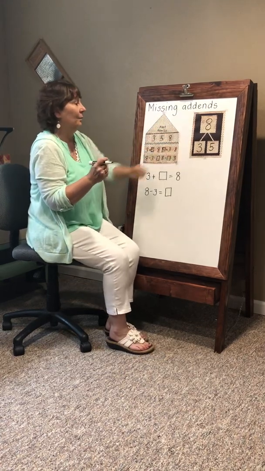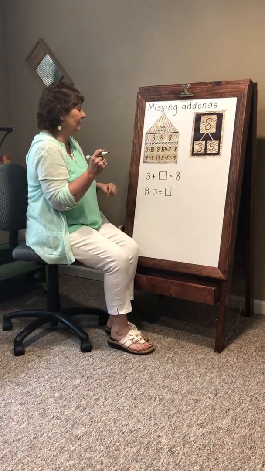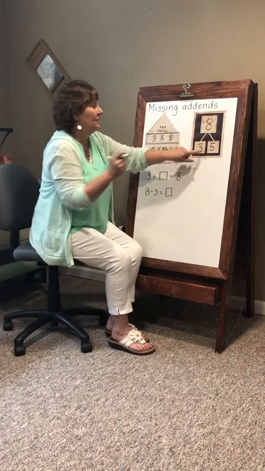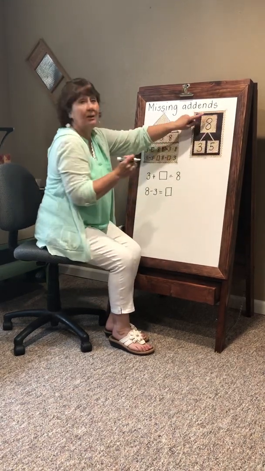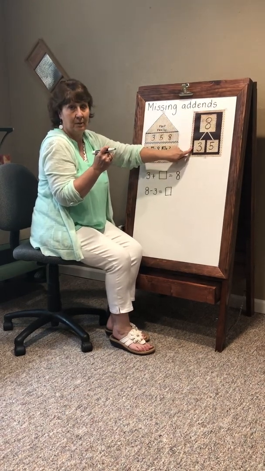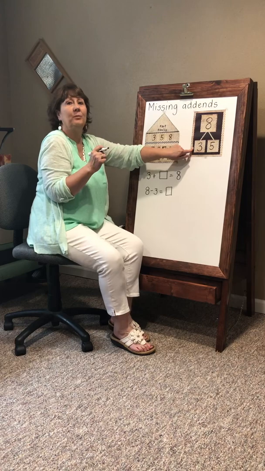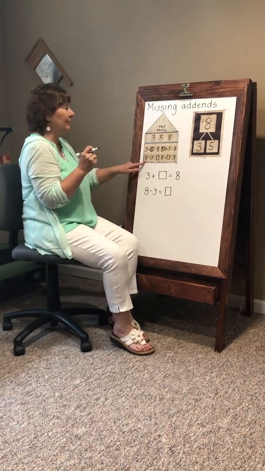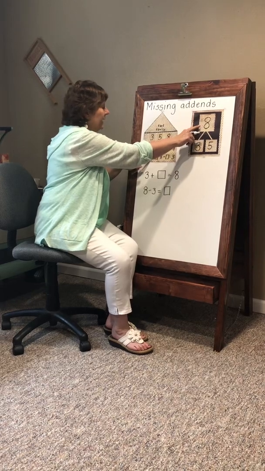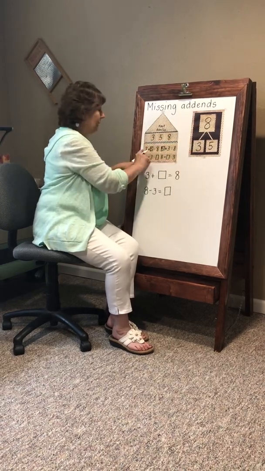I like the number bond because I can tell you this right now. When you do addition, you take these 2 and go up, but you can also start with the big number and come down and do a subtraction problem. So if you're having a hard time with a missing add-in, you could do it this way. Say, I know I had 8. I know 3 of them I already had.